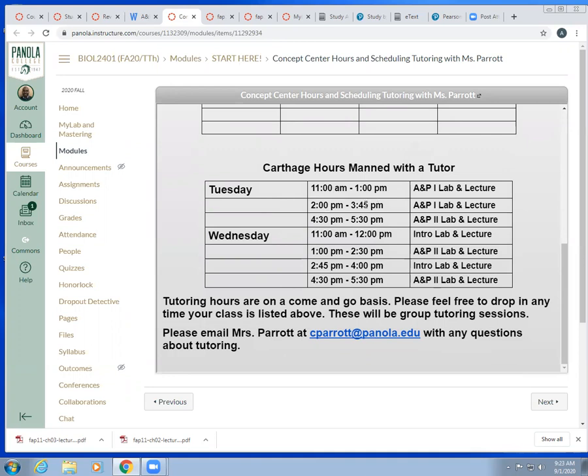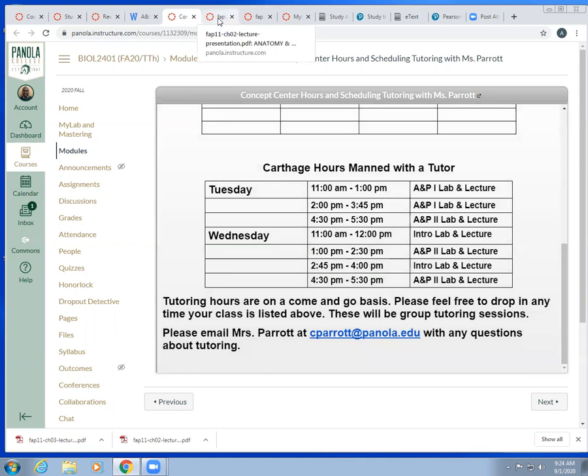So if you want tutoring, you can always contact me, but that's another resource you have available to you. She does track attendance, and then she reports the attendance back to me at the end of the semester, and if someone's on the borderline on a grade, I can use that to determine if they get extra credit or not. So definitely take advantage of it, because I typically don't do much extra credit.